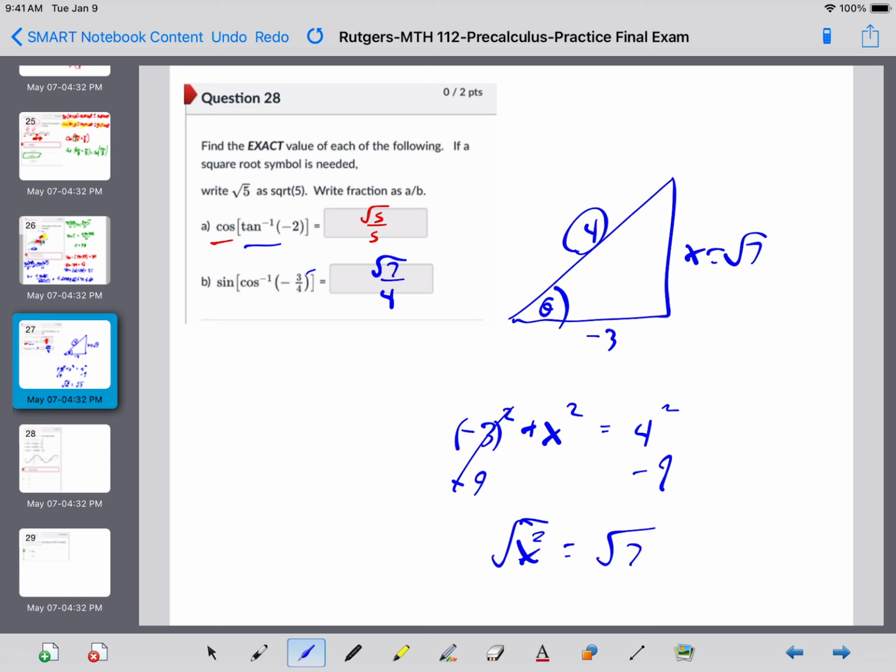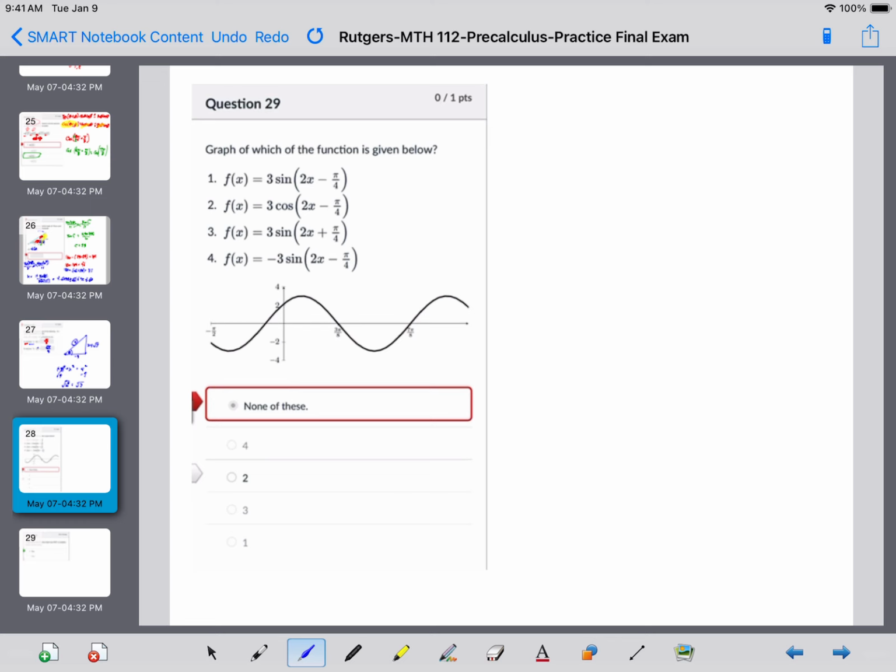Okay? Now for question 29. Graph which of the function is given below. So, unfortunately, there is a shift, right? So I would factor out the 2, right? So you're going to divide out 2, but also show the equivalent product.